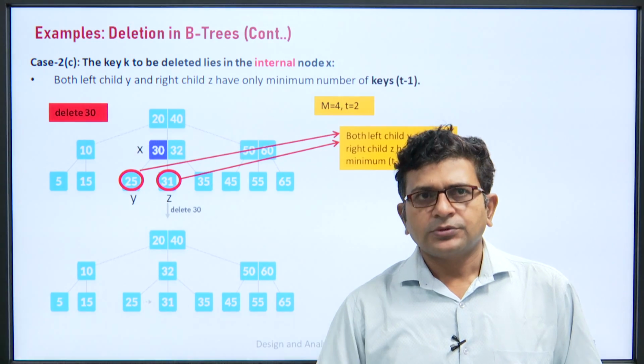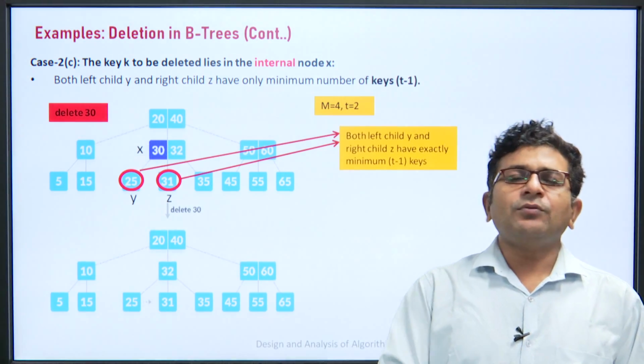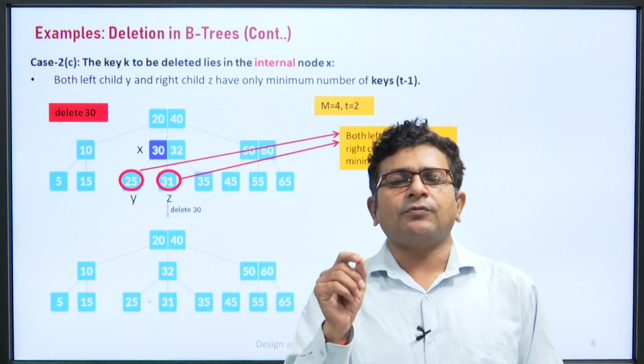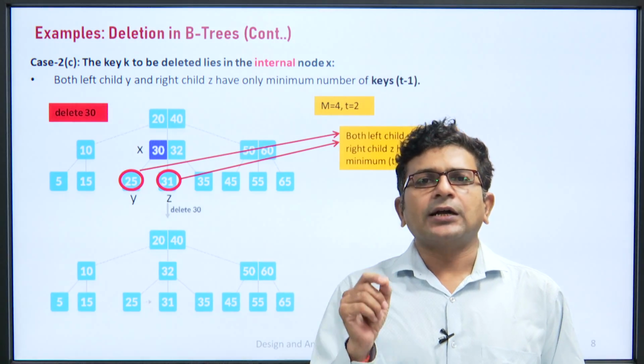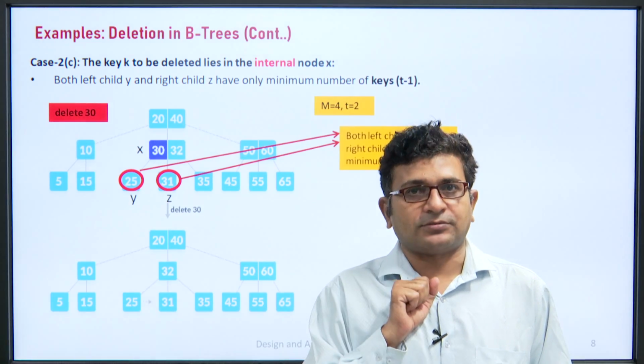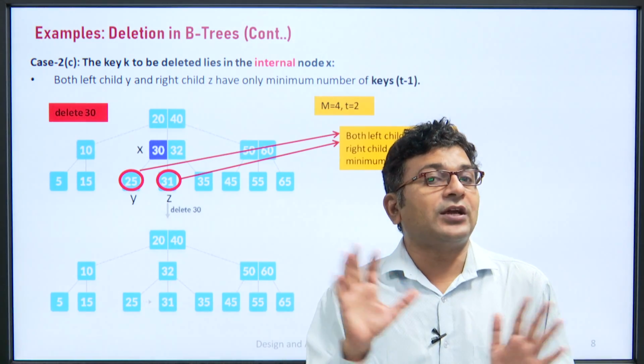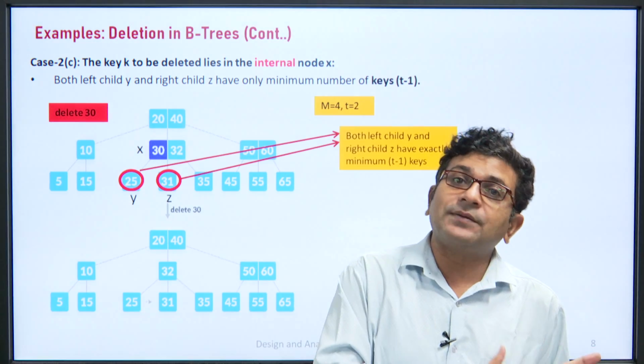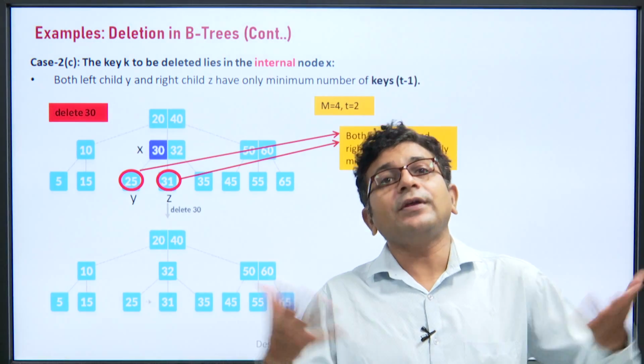Now, the 2C case: when you want to delete a key k from internal node x, and both the child nodes y and z are having only minimum keys. So, we cannot perform a borrow operation, we cannot borrow any key from either the left child or the right child. Then what can we do?